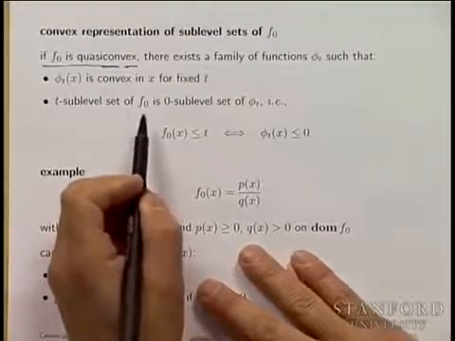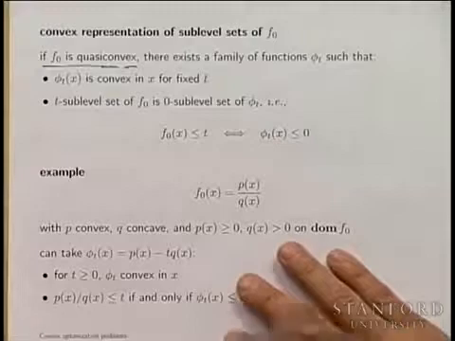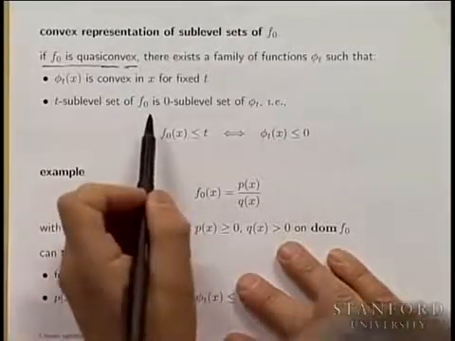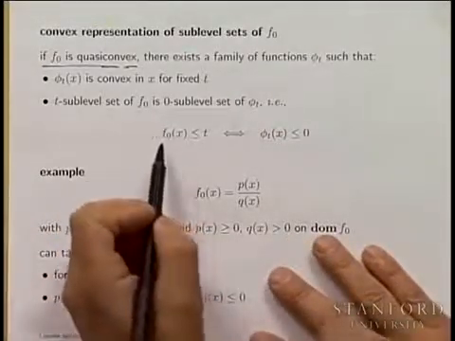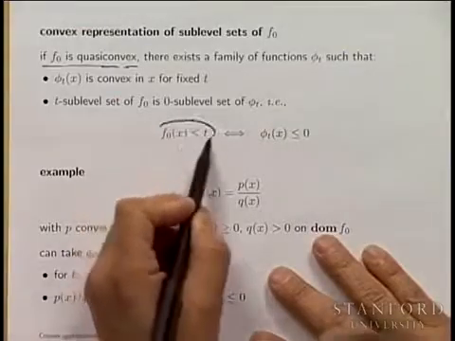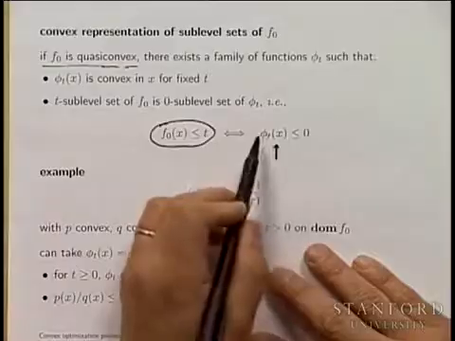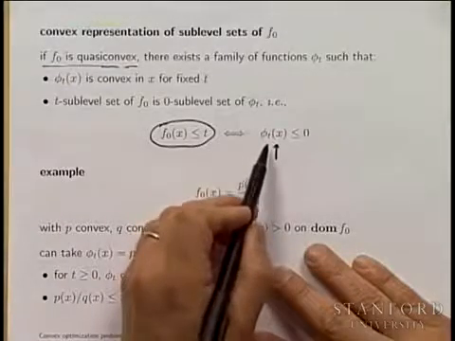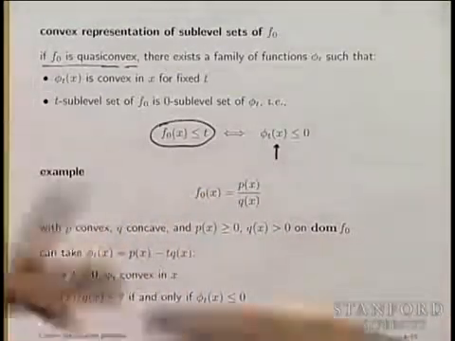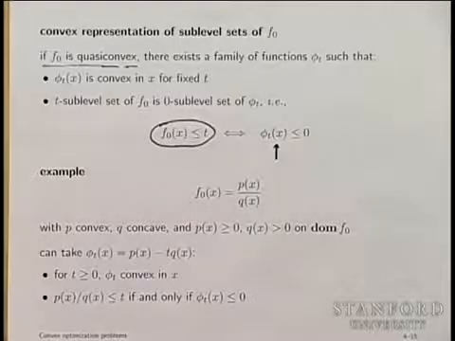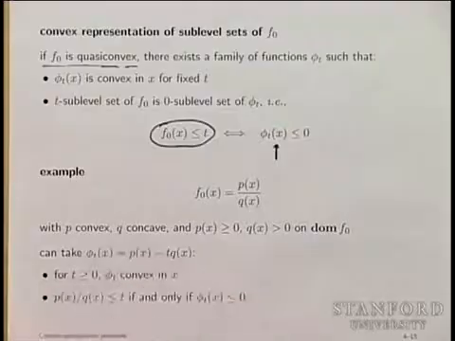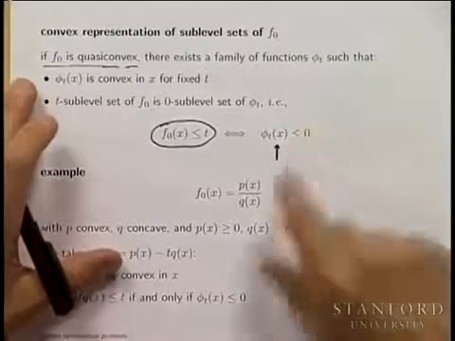Now, convex representation looks like this. You look at the sublevel set, and you write it as one convex inequality, parameterized by t. But you don't have to. It can actually mushroom to a bunch of convex inequalities. It doesn't matter. You need a convex representation of the sublevel set.